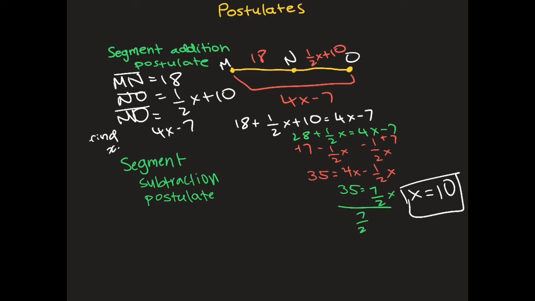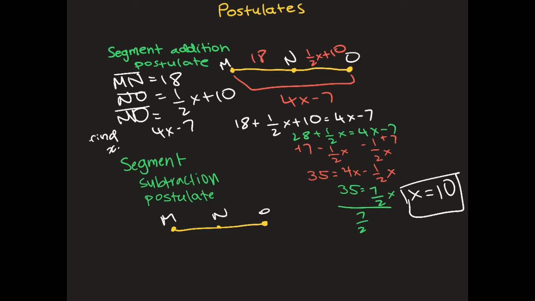So now, segment subtraction postulate is basically the exact same thing, except the only difference is coming from its name. Instead of adding MN plus NO, all you're doing is subtracting.